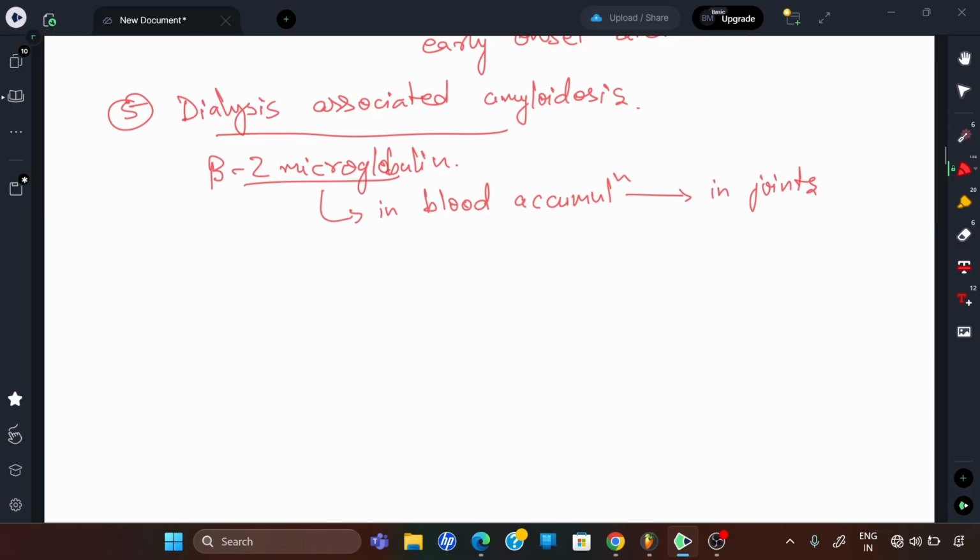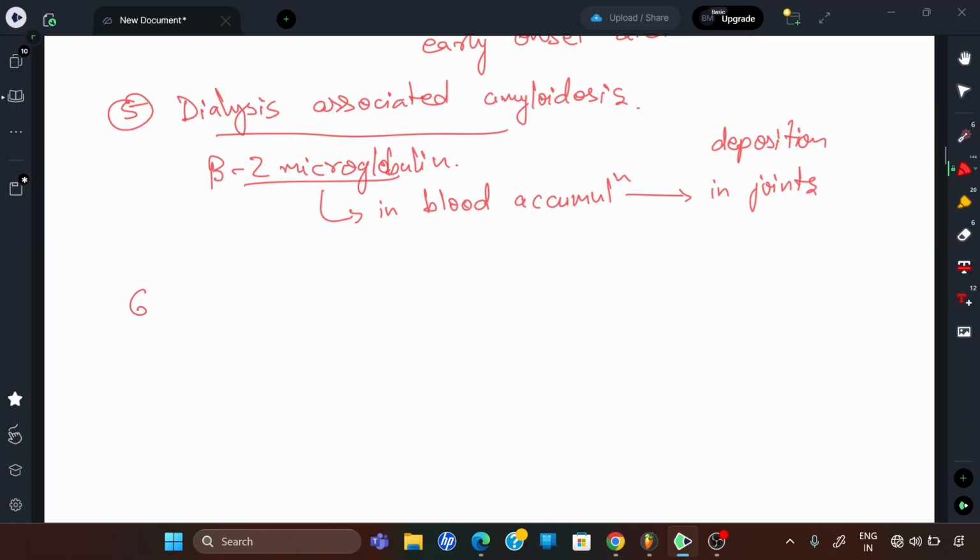So the amyloidosis here is localized to joints due to the deposition of beta 2 microglobulin in the joints, right? And this was due to less efficiency of filtration of this beta 2 microglobulin when the patient is under dialysis. So this was a simple case of dialysis associated amyloidosis.